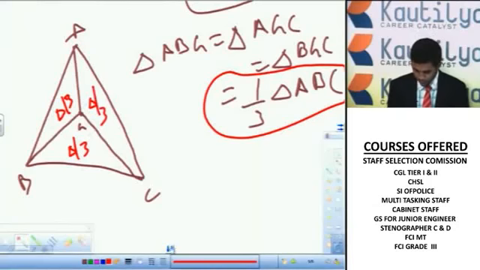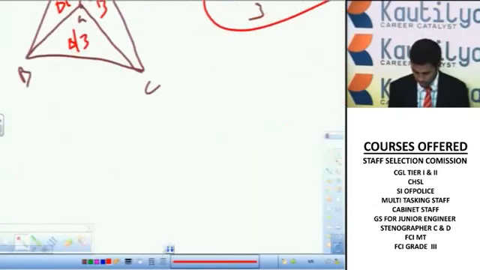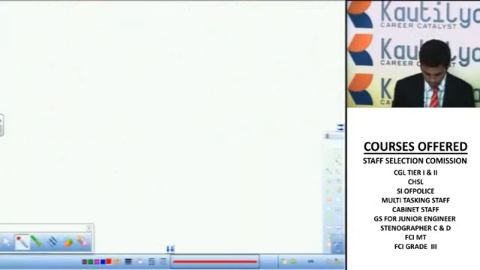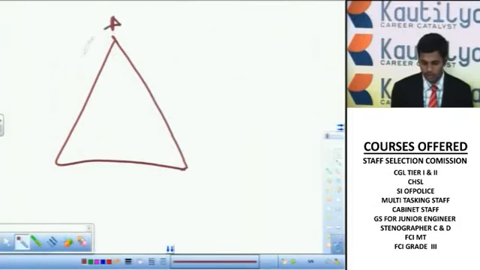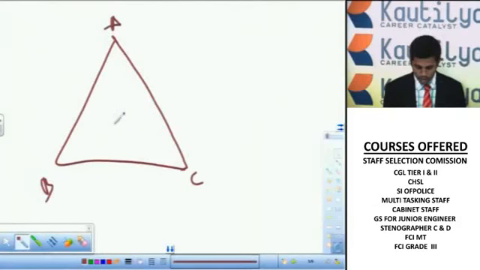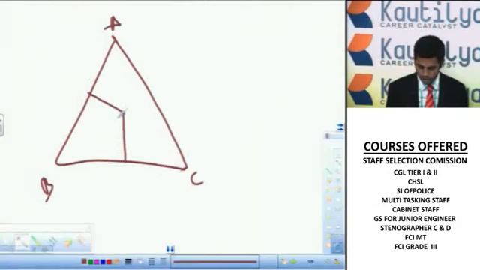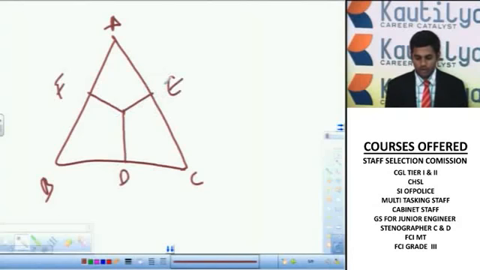Similarly, coming to inradii also. That is, if we draw an equilateral triangle ABC with the centroid here, and the inradii will be, this one will be the inradius, this one will be the inradius, and this one will be the inradius, respectively D, E, F. So the areas of these three portions are also equal, and they are also equal to 1/3 of the parent triangle ABC.